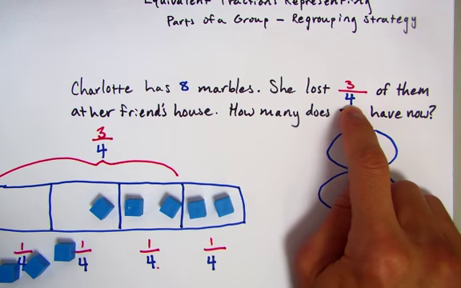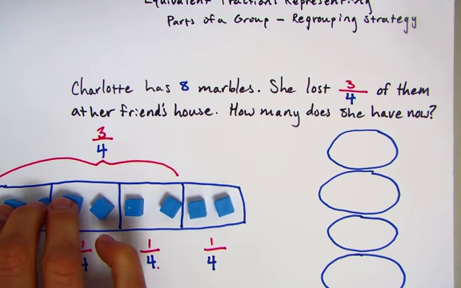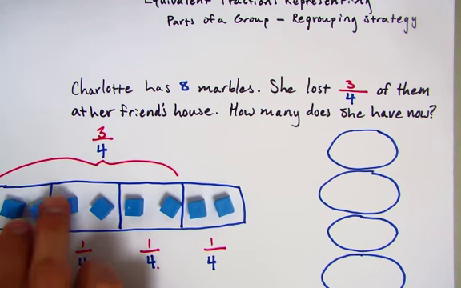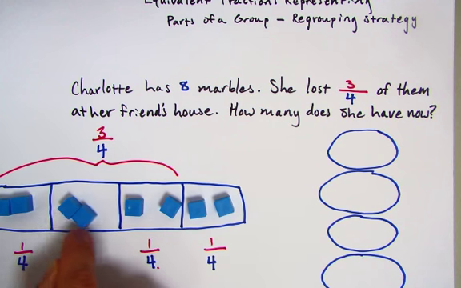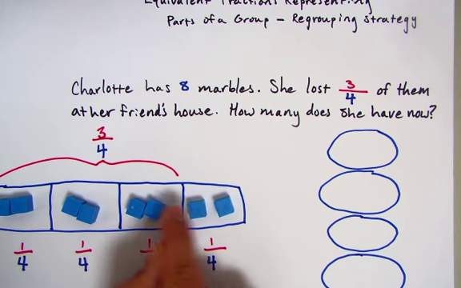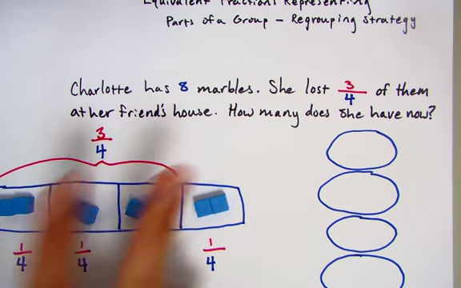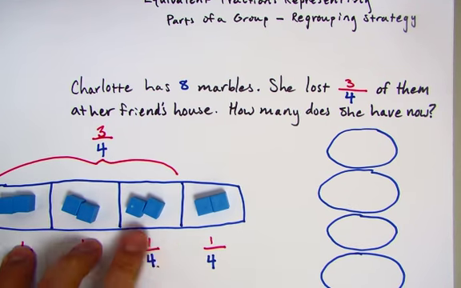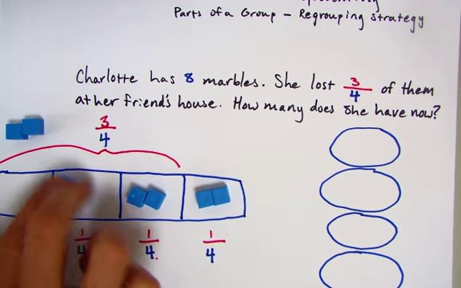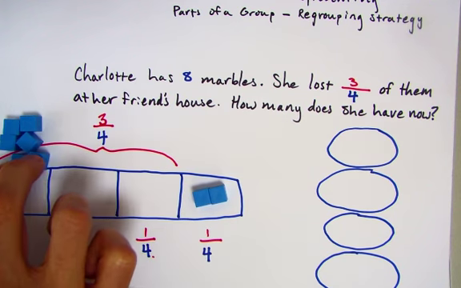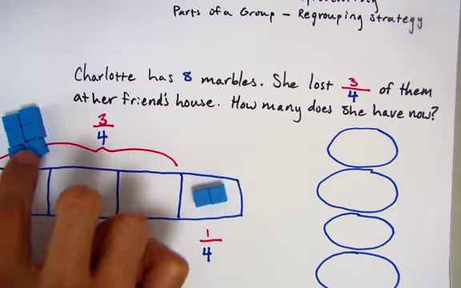That's not 3/4. This is 3/8 right here. So what we did was we did our regrouping strategy and made fourths. And you notice that each fourth includes 2 marbles. So 3/4 is actually 6 marbles. These are 3/4 right here of the marbles.